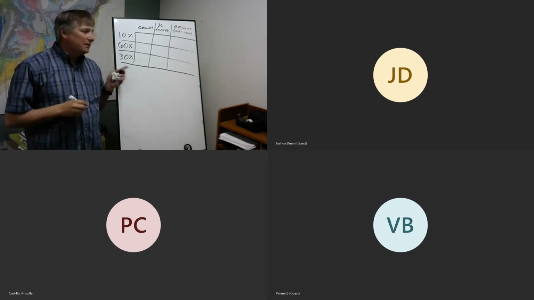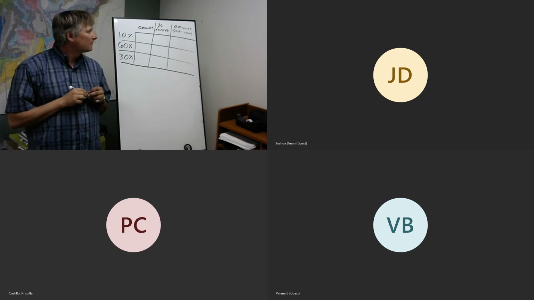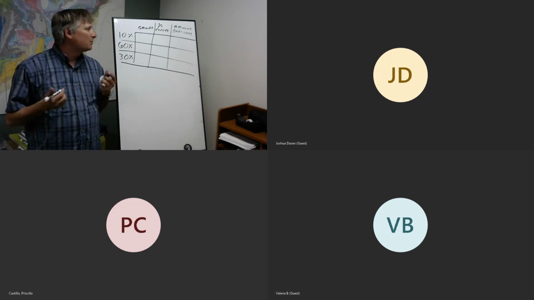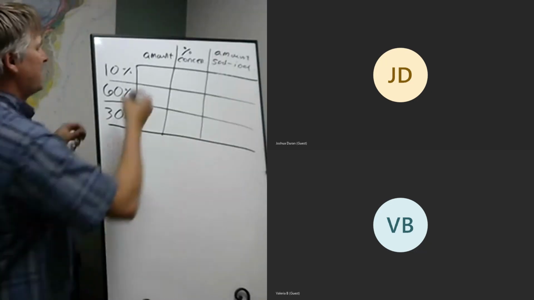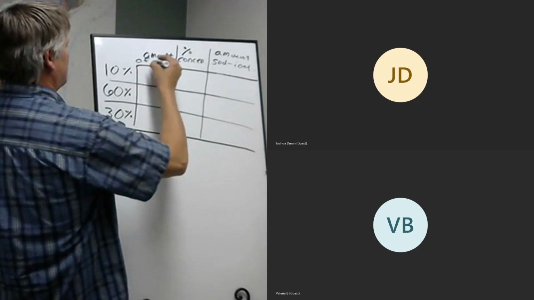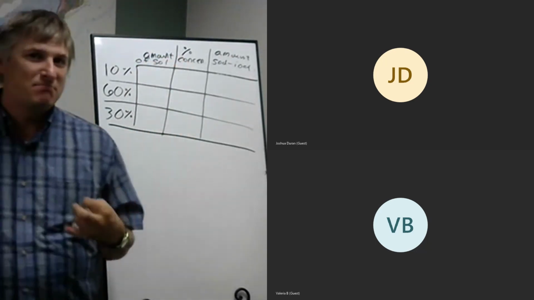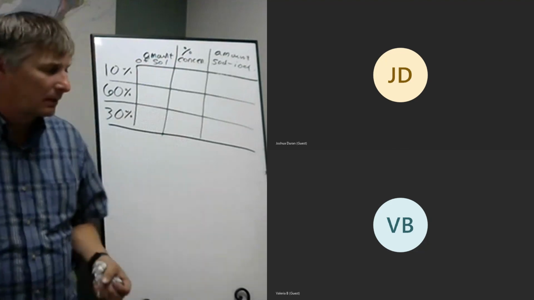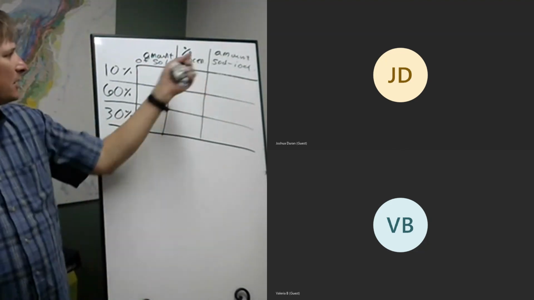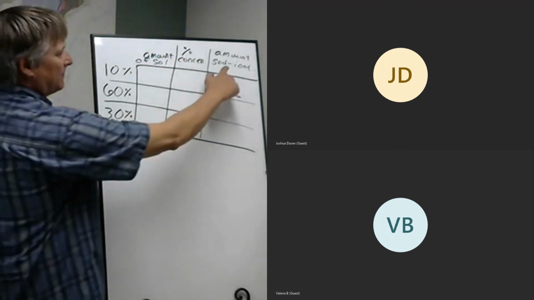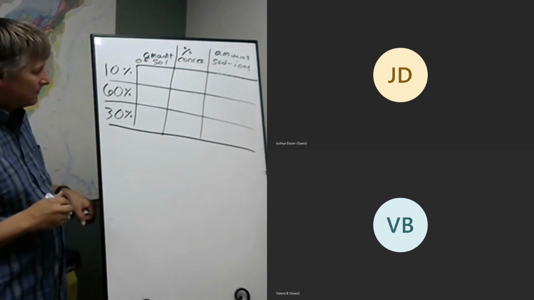So this isn't a bad tool to use at all. We have an amount, a percent concentration, and this is the amount of solution. So that's the sodium iodide mixed in with, say, water. And then we have a percent concentration, and then we have the amount of sodium iodide.